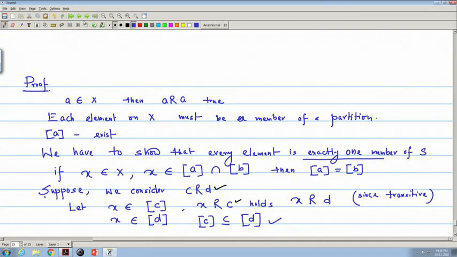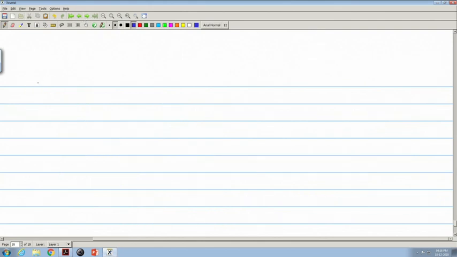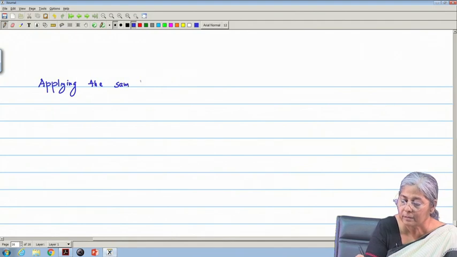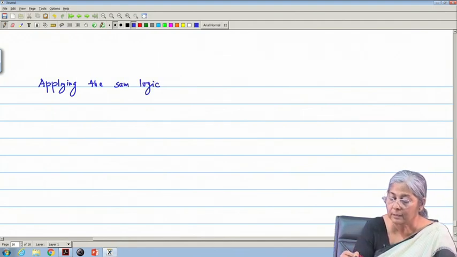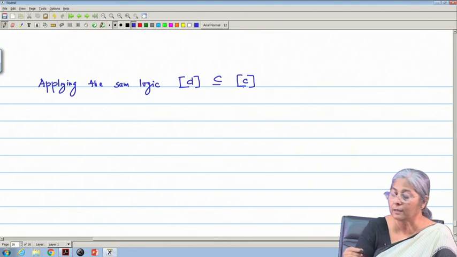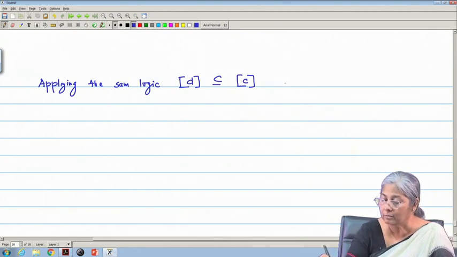Now, applying the same logic, I can tell that all elements that are related to D are again a subset of [C], and earlier we got that [C] is a subset of [D].